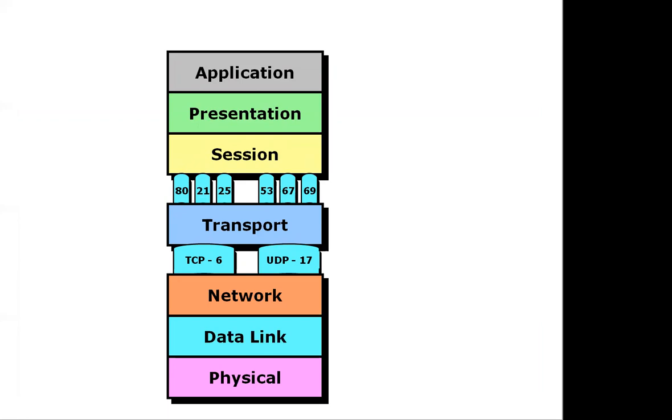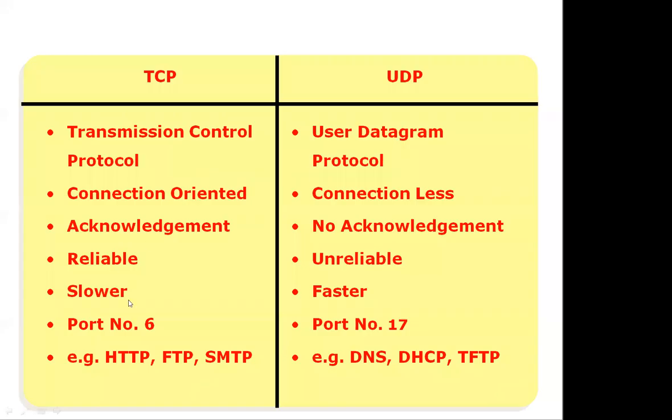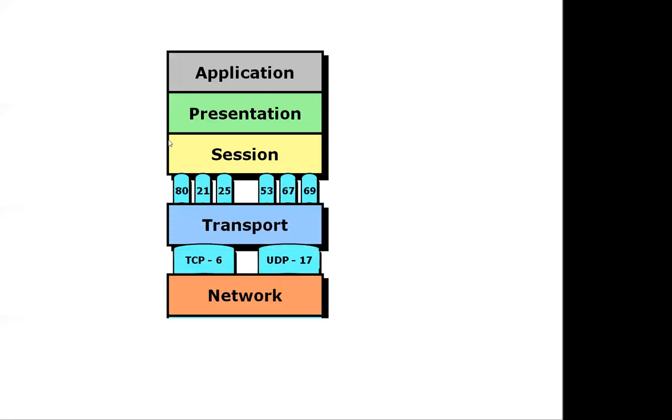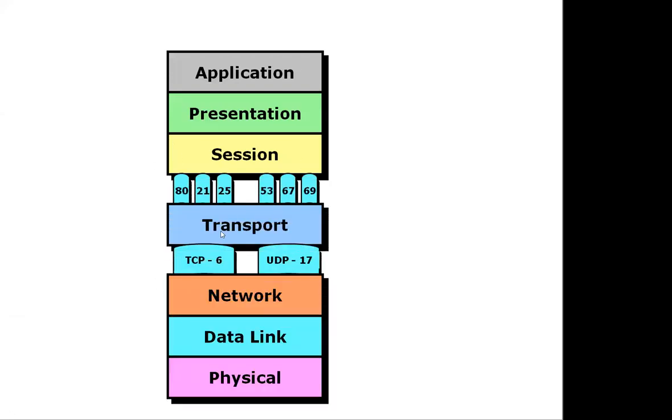Going from layer 7 to layer 1, we discussed in the previous slide that HTTP, FTP, SMTP are members of TCP, and DNS, DHCP, and TFTP are members of UDP. If we are saying one to many, it is TCP to many protocols, and if we are saying many to one, it is HTTP, FTP, SMTP to TCP. So that is the multiplexing and demultiplexing example.